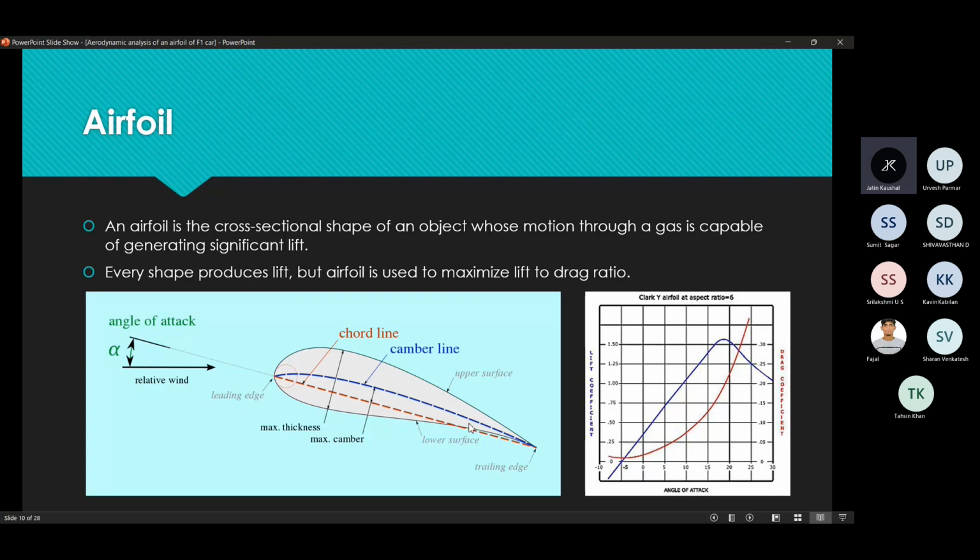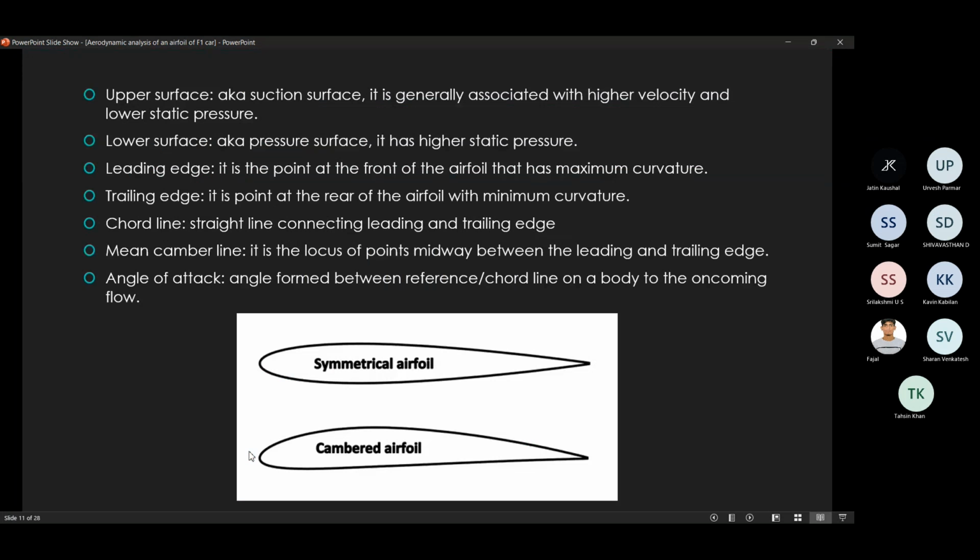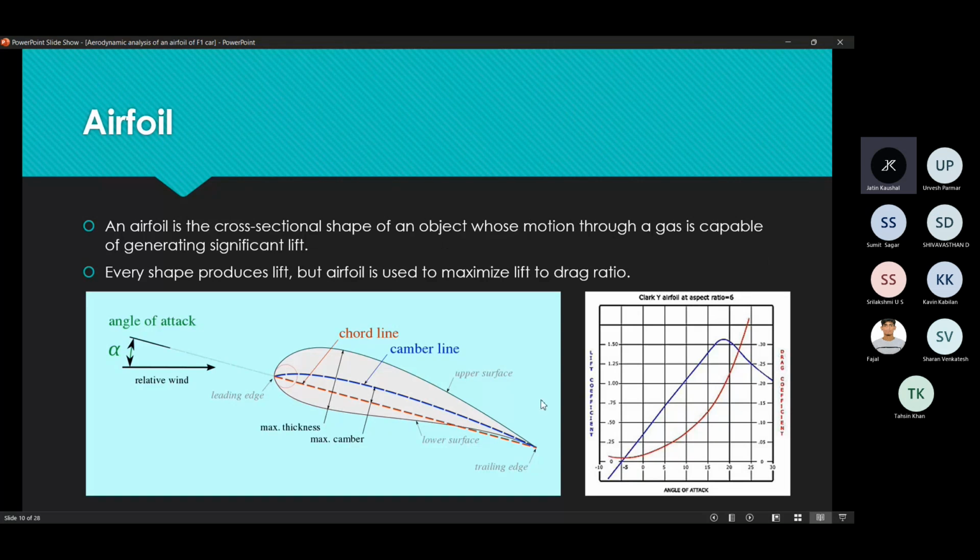These are the terms that we use to explain the airfoil structure. This is our airfoil, a teardrop shaped one. The surface or point at the front in the direction of motion is known as the leading edge, and the point or line at the end of the object is known as the trailing edge.